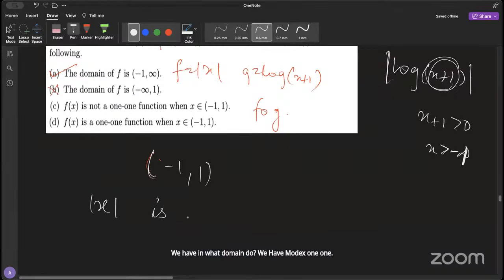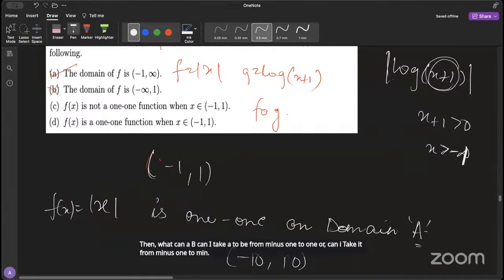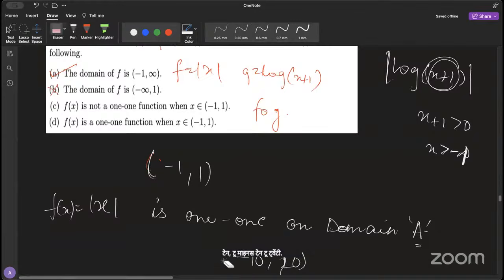If I say mod x is 1-1 on domain A, let's say there is some domain A that I've decided for the mod x function, then what can A be? Can I take A to be from minus 1 to 1? Or can I take it from minus 10 to 10? No, it has to be from 0 to 10, right?